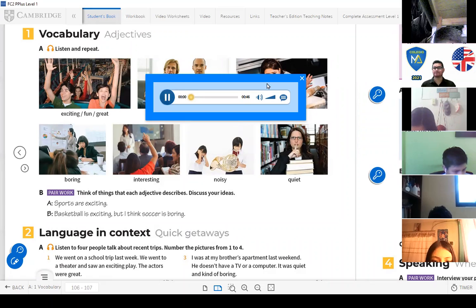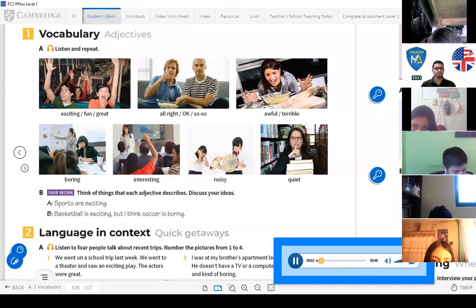Pay attention. Unit 11, Getting Away. Lesson A. Where were you? Page 106, Exercise 1, Vocabulary. Adjectives.